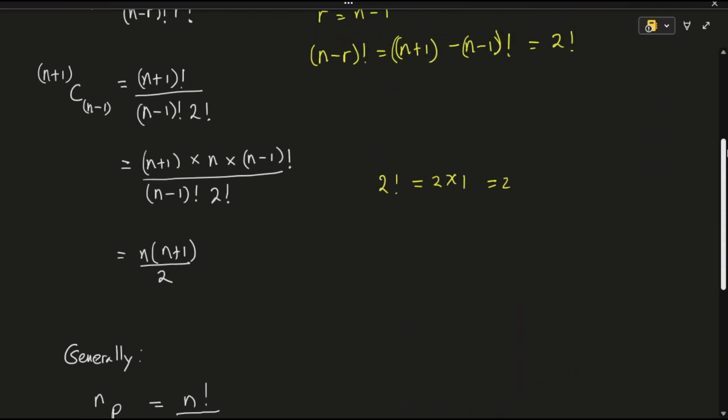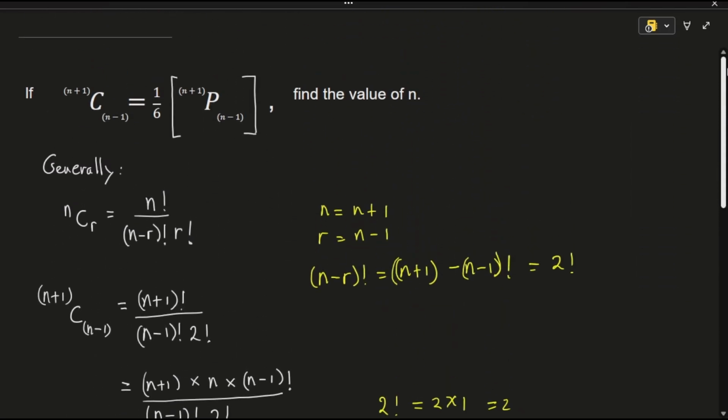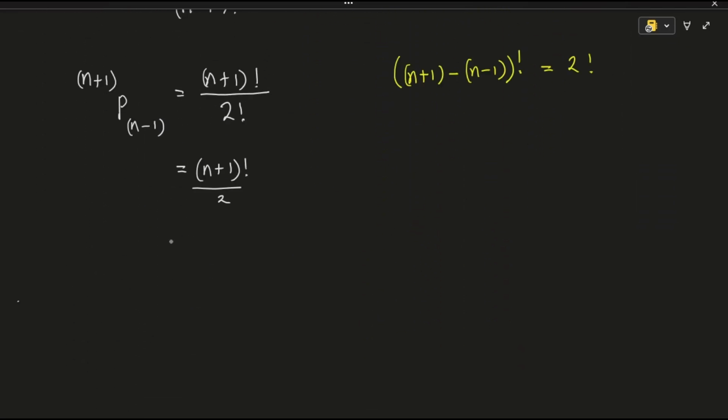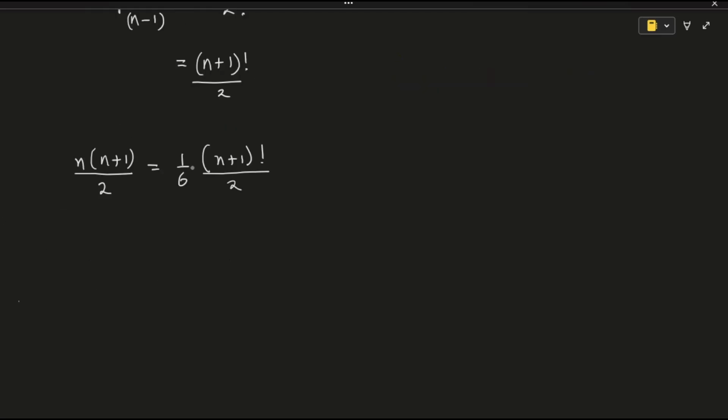So if we are to plug it into the question that has been given us, on the left side of the equation, we're going to have n into brackets n plus 1 over 2. Now let's get rid of the fractions.